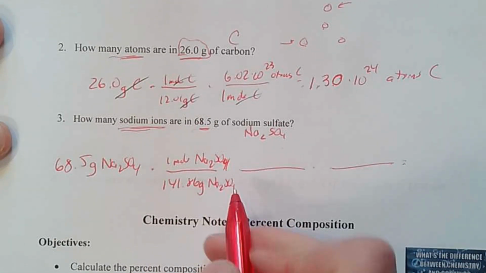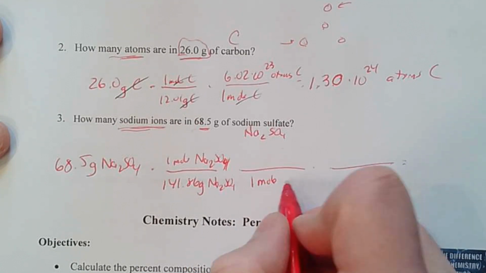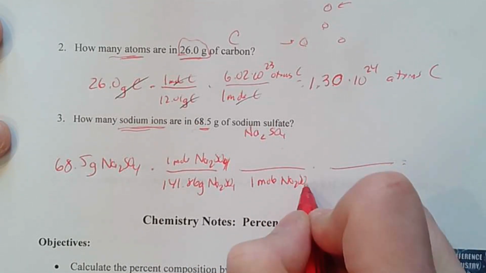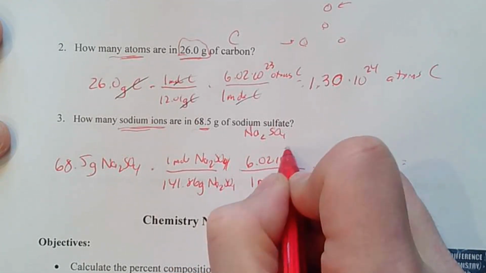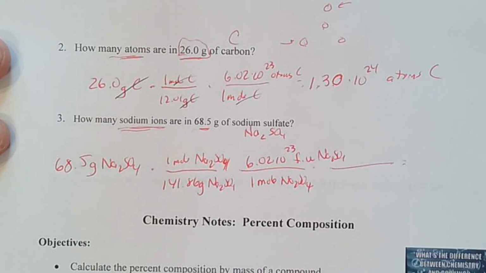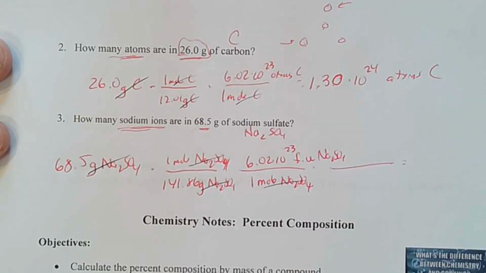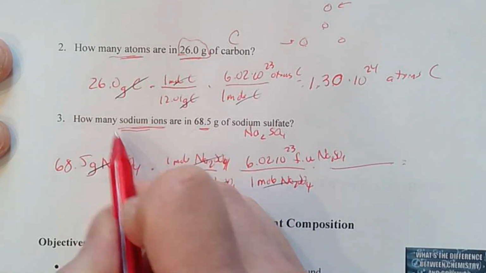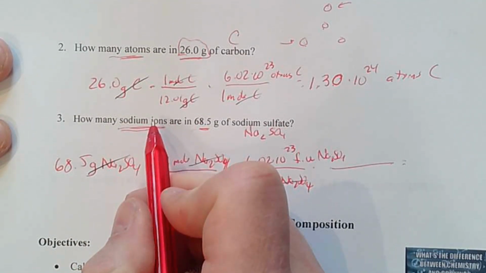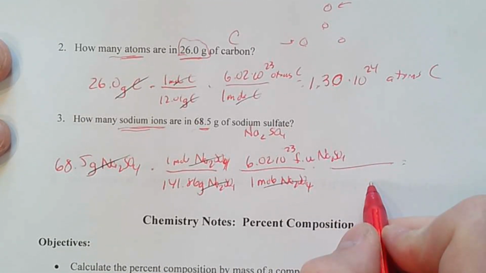Now, if I convert this to particles, to formula units, 1 mole of Na2SO4 contains 6.02 times 10 to the 23rd formula units sodium sulfate. Okay, so to this step, this cancels here, this mole cancels there. I've got formula units of sodium sulfate. And the last thing I need to do is figure out in 1 formula unit of sodium sulfate, how many sodium ions do I have? Right? Again, this unit has to go down here for it to cancel.